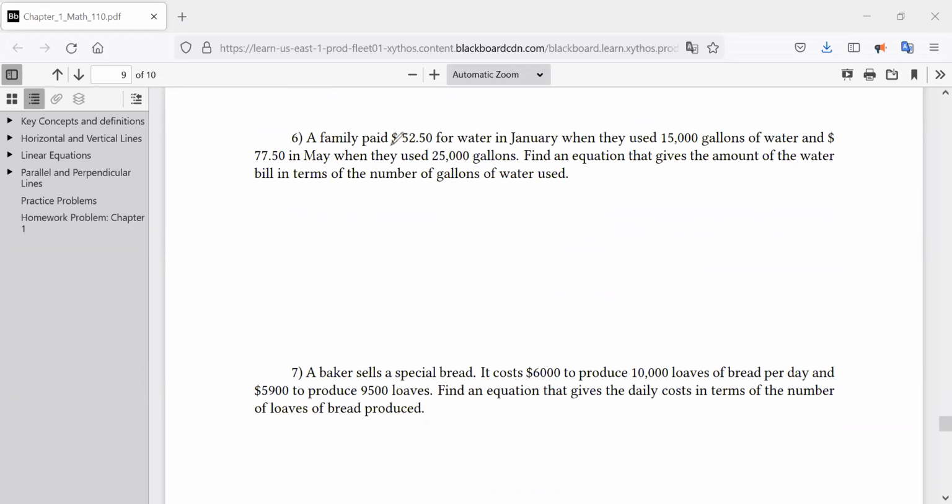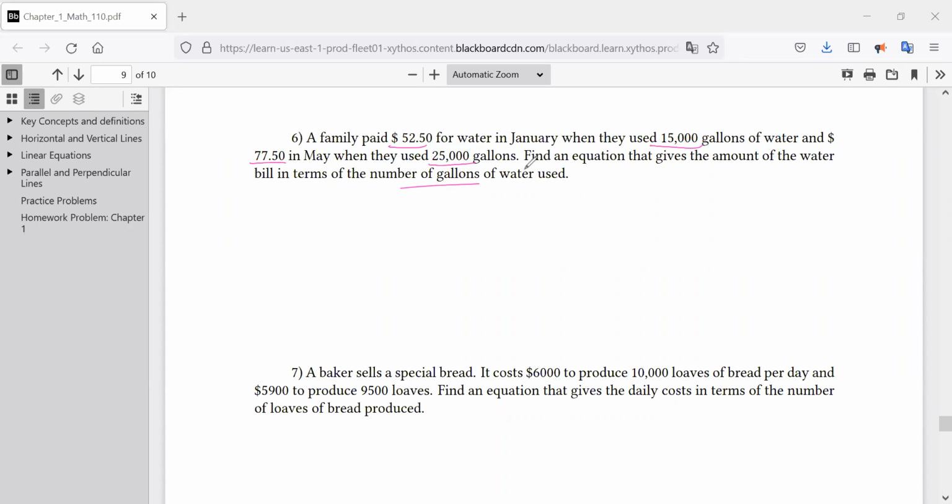A family paid $52.50 for water in January when they used 15,000 gallons of water, and $77.50 in May when they used 25,000 gallons of water. We want to find the equation of the line that gives how much they're charged in terms of the gallons used.